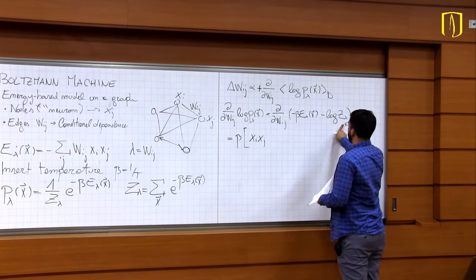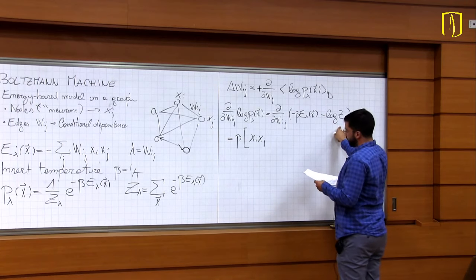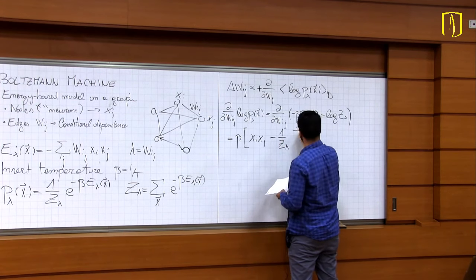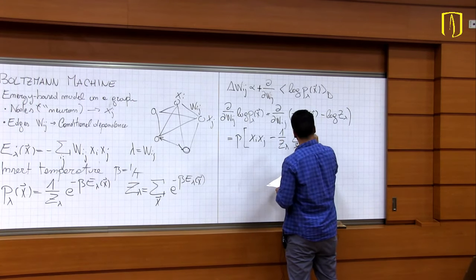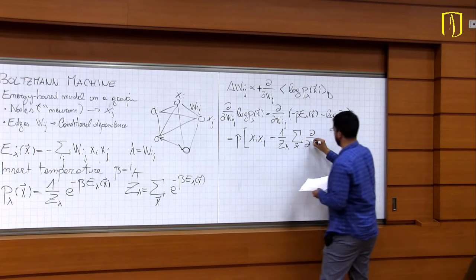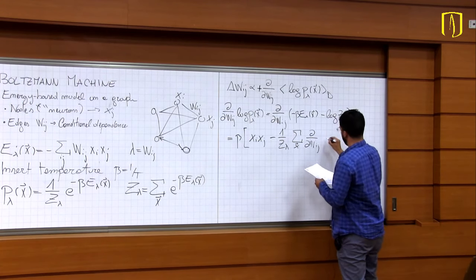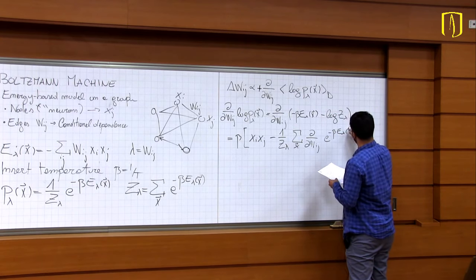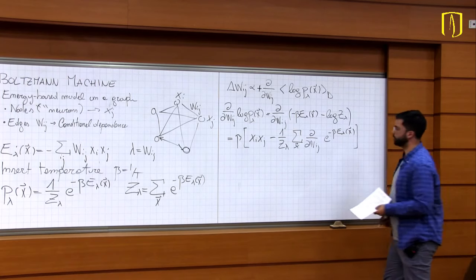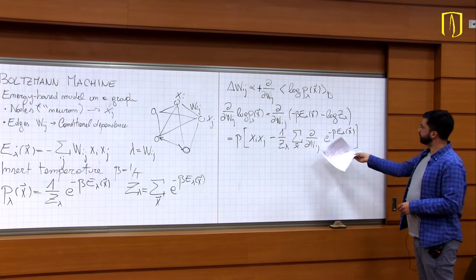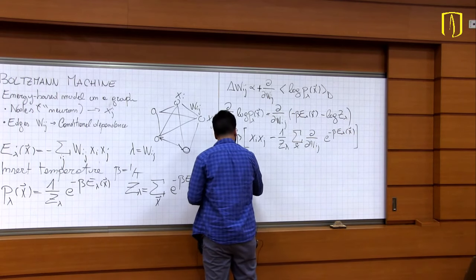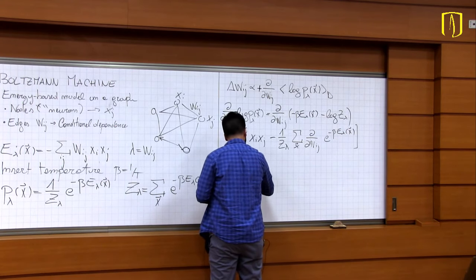And then, well, I get the derivative of log z, so I get minus 1 over z, and z, I know what it is, I just plug this in, and it's the derivative, and then I get e to the minus beta e of x. Okay? And so I know what that derivative is too.